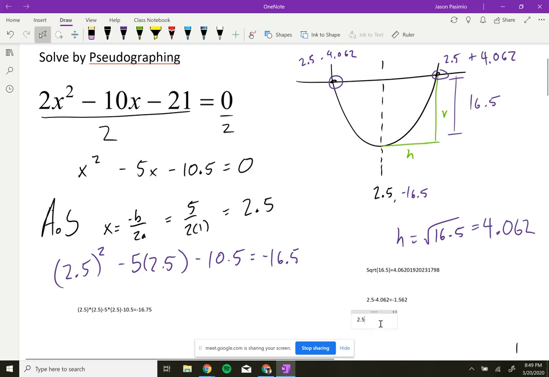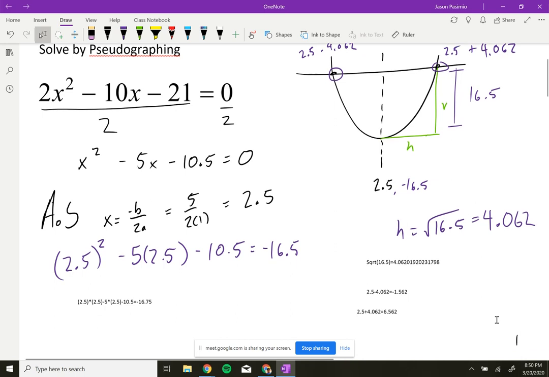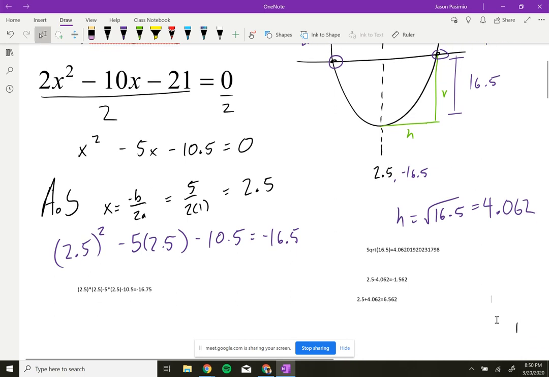And 2.5 plus 4.062 is equal to 6.562. So my answer to this equation is x is equal to negative 1.562 or 6.562, squigglies. Okay, now this is solving by pseudographing. We've done this before. Nothing special here.